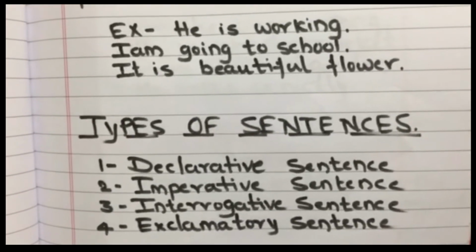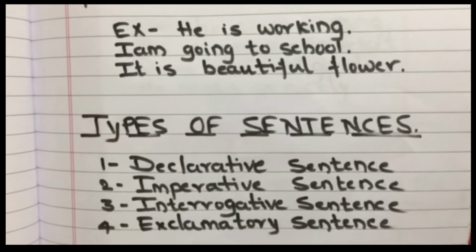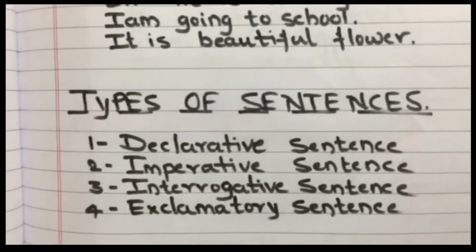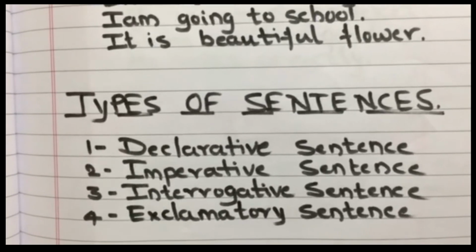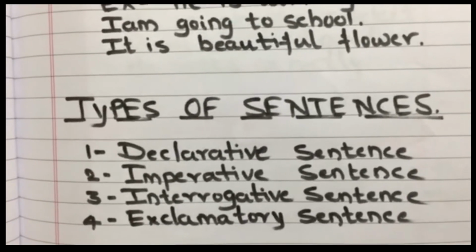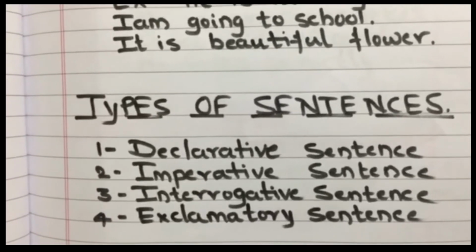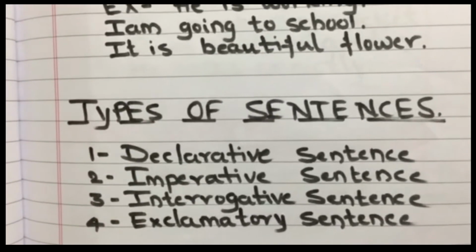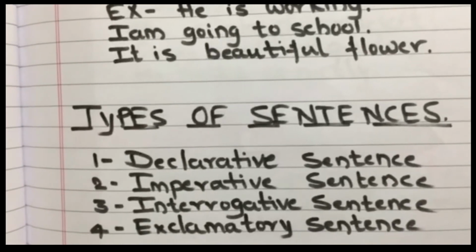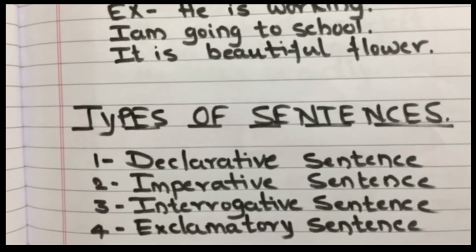Here, there are types of sentences. First is the declarative sentence, then imperative sentence, interrogative sentence, and exclamatory sentence. Whenever we start to communicate with someone, we use sentences.